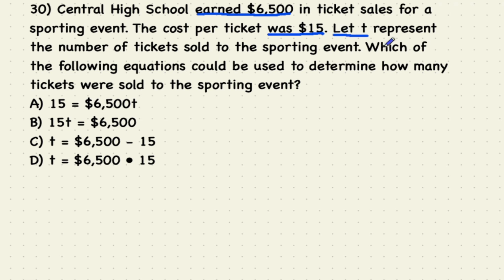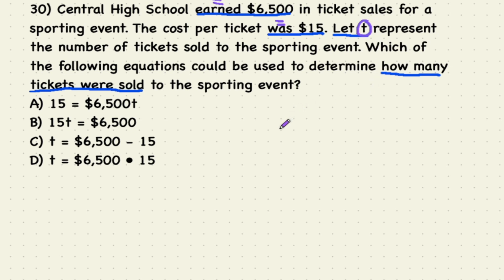Now the question asks, which of the following equations could be used to determine how many tickets were sold? So earned is your equals, was is your equals, and of course, T is going to represent the amount of tickets sold.